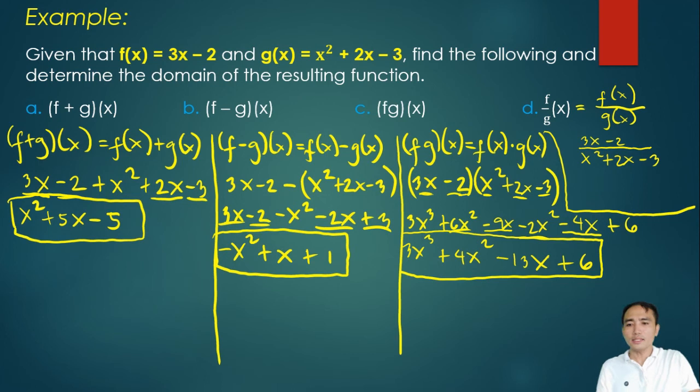We can still simplify the denominator of our quotient. So that will be equal to 3x minus 2 over, and we can factor this. The factors of x squared plus 2x minus 3 will be x plus 3 and x minus 1.